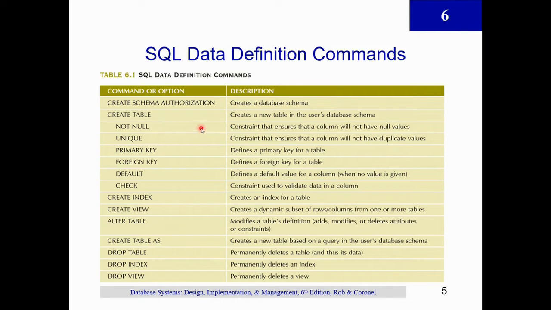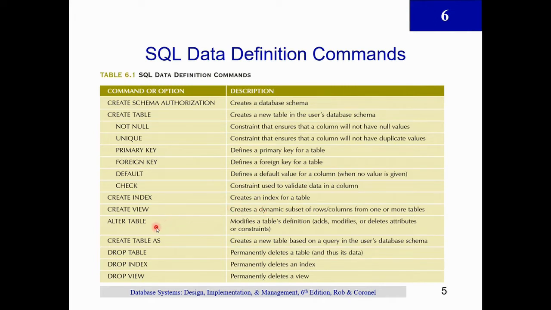And then command not null ni supaya data dalam table kolom tersebut kena ada data, tak boleh null. Okay, and then unique. Kena unique untuk mengelakkan data yang sama dimasukkan dalam database. And then primary key, foreign key, default value, and then check to validate data in the column, and then create index for the table, and then create view.